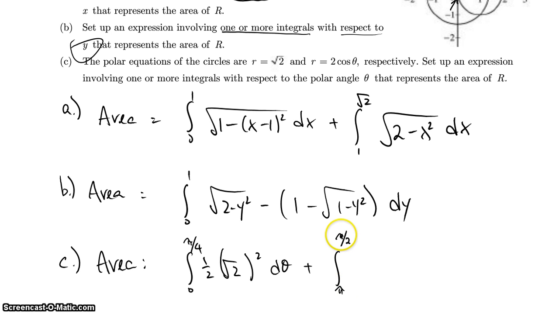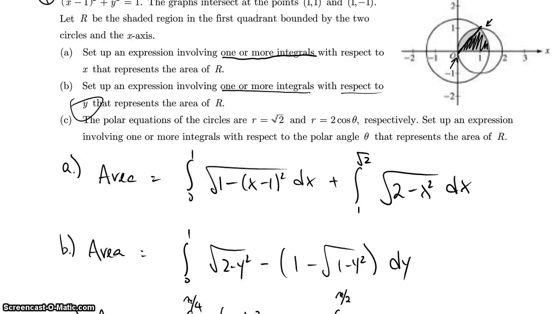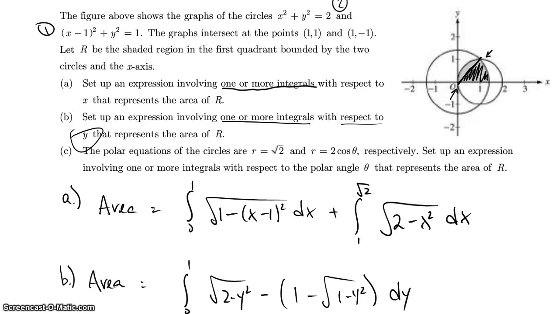So this one starts from pi over 4 to pi over 2, and we use 1/2 r squared, and we can calculate the area, and it is as simple as that. If you don't have time to look at the graph, you can look at it again, and that is easy.